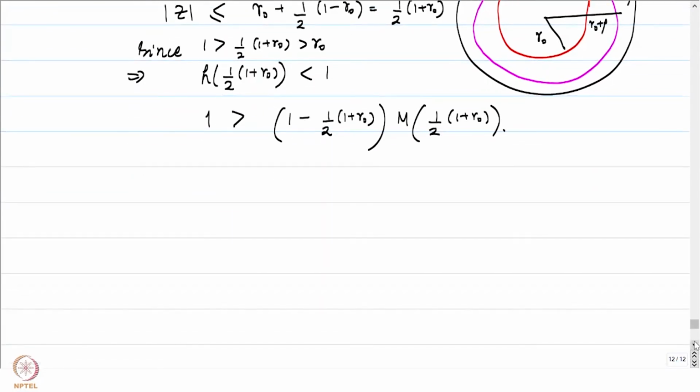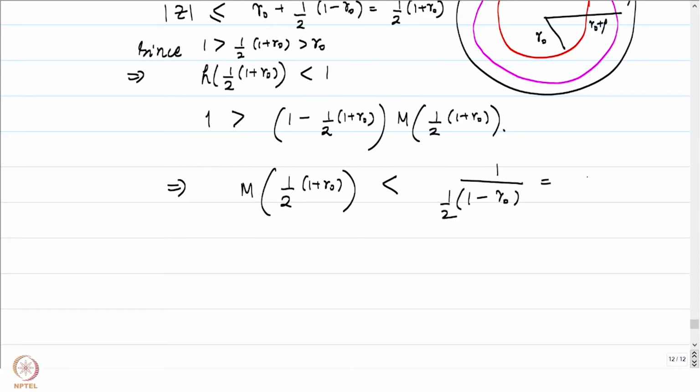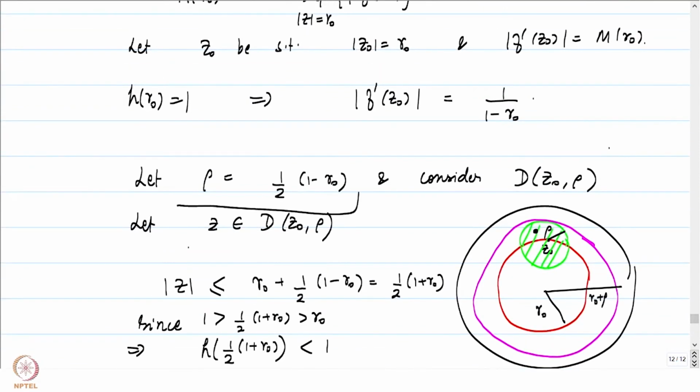And if we look at this, this tells us that m of half of 1 plus r naught is less than 1 by (1 minus r naught) times 1 by 2, which is equal to 1 by rho. If you notice, that's precisely how we had picked rho. So rho was not picked arbitrarily if you think about it.